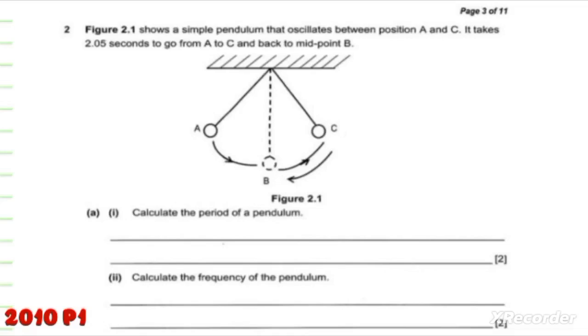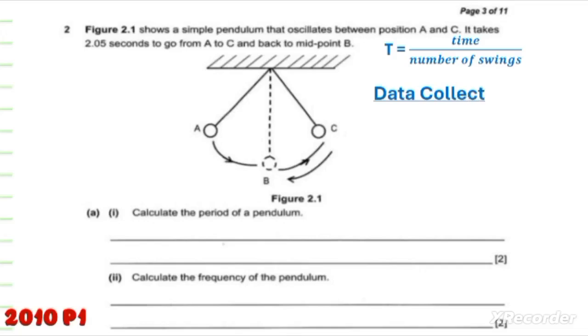The first thing that we are going to do is to come up with the formula. Period is equal to time over number of complete oscillations, or number of complete swings. Let us collect data. The time it takes to do this oscillation is 2.05 seconds.